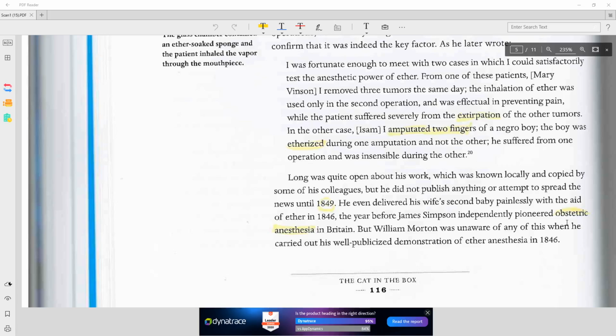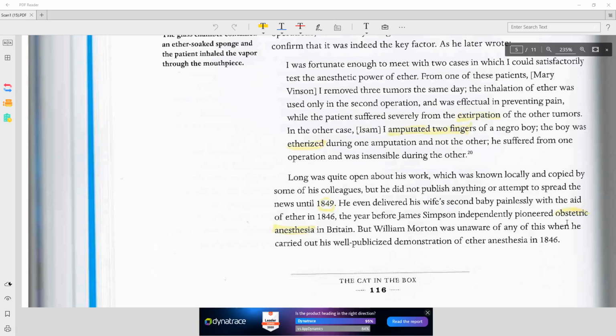The inhalation of ether was used only in the second operation and was effectual in preventing pain, while the patient suffered severely from the extirpation of the other tumors. In the other case, I amputated 2 fingers of a Negro boy. The boy was etherized during one amputation and not the other. He suffered from one operation and was insensible during the other."